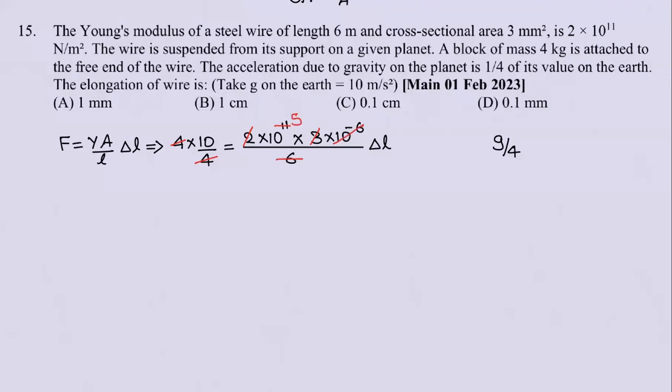So if I take 10 power 5 to the other side, that implies delta L is equal to 10 into 10 power minus 5, or 10 power minus 4. 10 power minus 4 meters is 0.1 millimeter. Yeah, the answer is D. Answer D, the 15th one. Perfect.